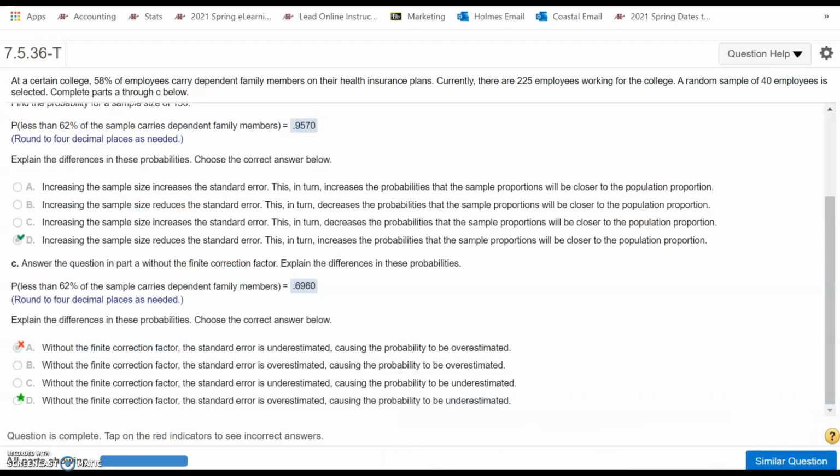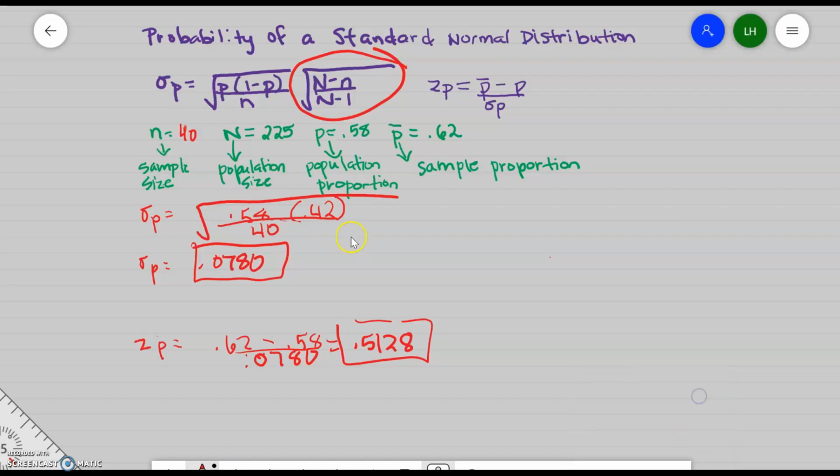Okay, I got in a hurry on the last one. I read it too fast. But when you're calculating the standard error without the population correction factor, the best thing to do is look at your standard error when you had the finite correction factor.